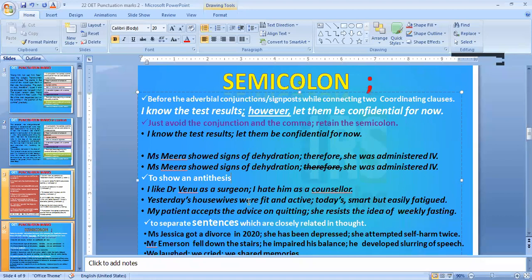Opposite. My patient accepts the advice on quitting. Quitting may be smoking or drinking, whatever. But then when you ask her to fast at least 1 day weekly, no chance of fasting, please. I will resist that. She resists the idea of weekly fasting.